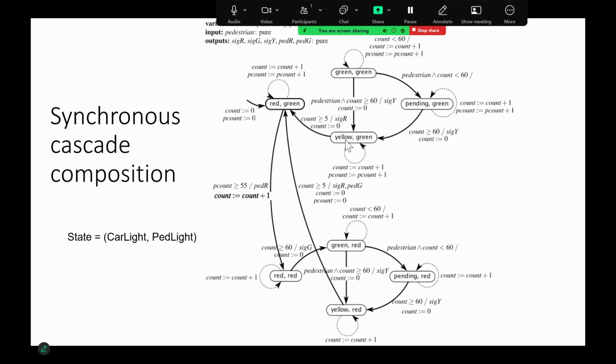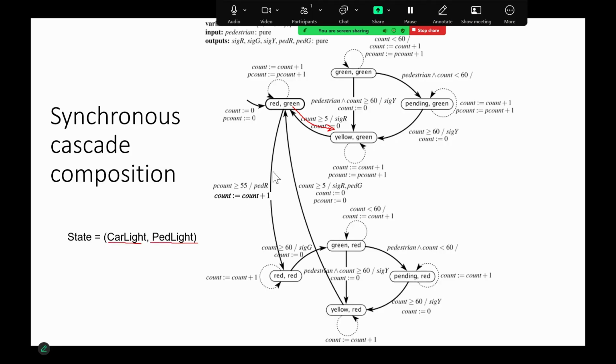exactly, I cannot give yellow for the car and green for the pedestrian. And I cannot give bending and green for the car. So as you can see, from the starting point, there is no arrow in this direction. And the state is car light and then pedestrian light.